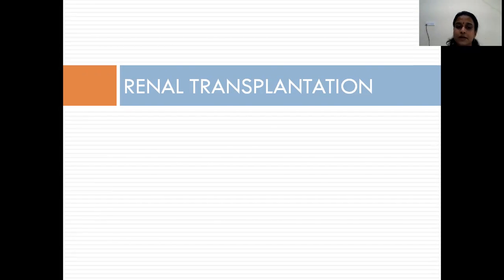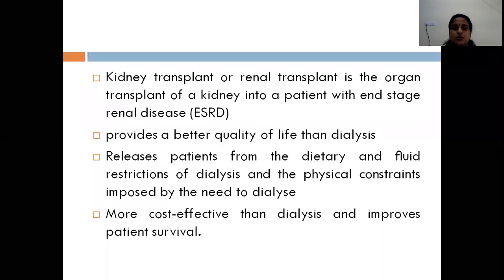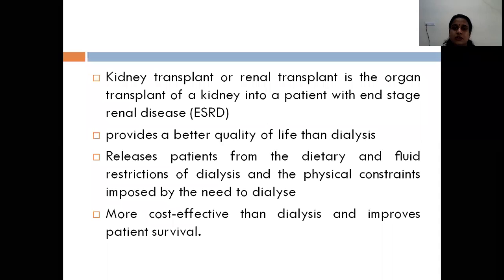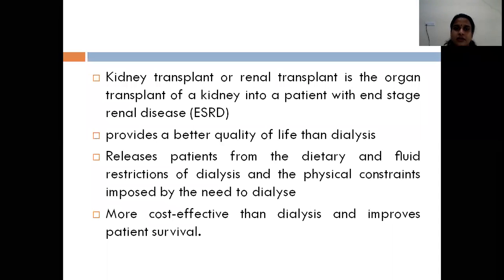Okay. So coming to renal transplantation, it is nothing but the transplant of the kidney into a patient with end stage renal disease. So the patient has end stage renal disease and he needs dialysis for continued renal function. When you do a transplant, you will give a better quality of life than when he is on dialysis.